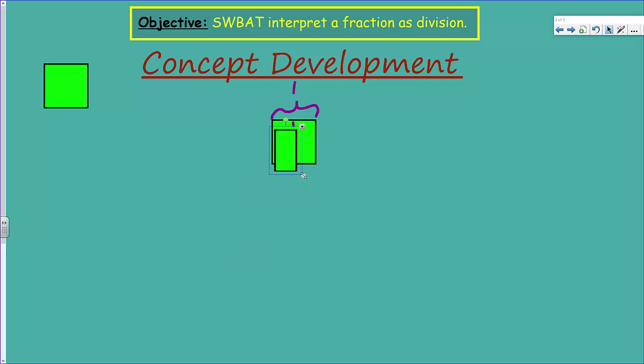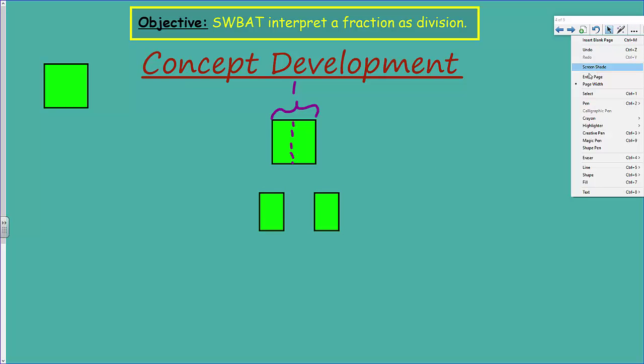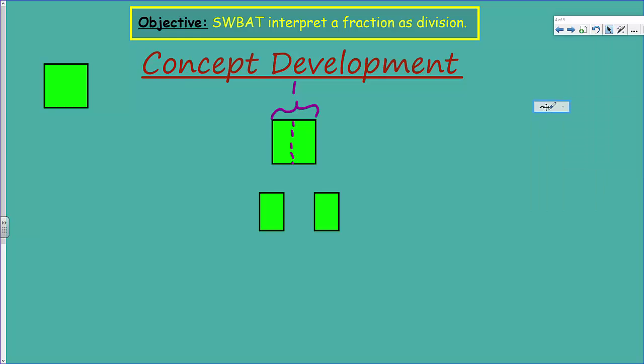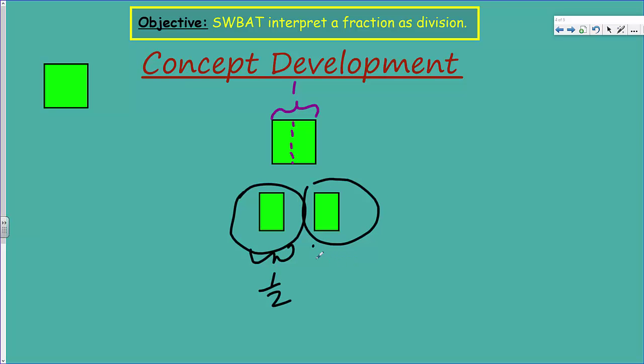So you can see, it looks like about a half. And then we're just going to make a copy of them. So here we have that 1 cracker, and he's been split. It's not a full cracker anymore. It's half of a cracker. Here's 1 half, and here's the other half. So we know that this is a half of a cracker, and this is a half of a cracker.